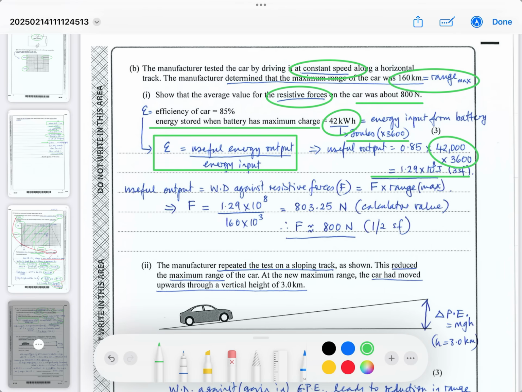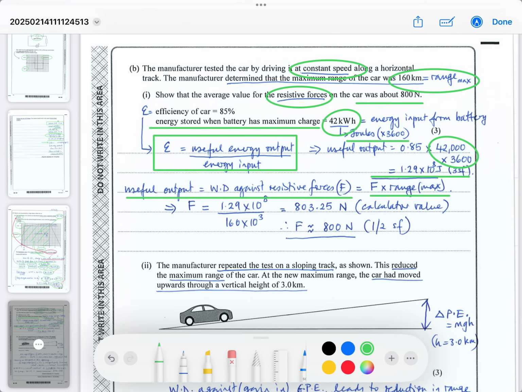So if we know the useful output is equal to the work done against the resistive forces, so remember the resistive forces will be slowing down, and therefore it's working against this force. You can work against resistive forces like friction, so the force times the range will be the work done, because work done is force times distance, and we know the range is 160 kilometers. So if we want to work out the force, we change the subject to the equation.